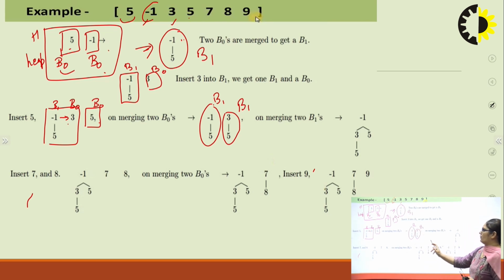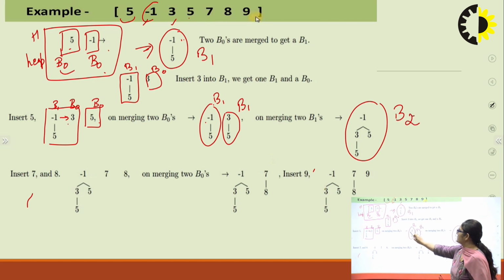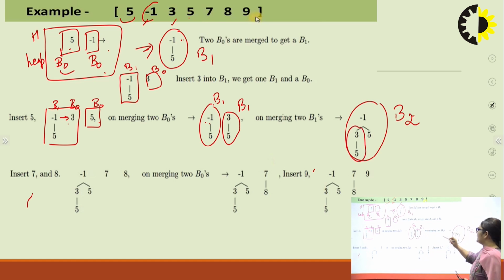Again we have to unite these B1 and B1 trees to get a binomial tree of the upper order, that is B2. So how will we unite them? First we compare the root nodes of both trees. So -1 is the minimum, so -1 will become the root node of B2, and the other tree will become its leftmost child, and its actual child nodes will remain the same.